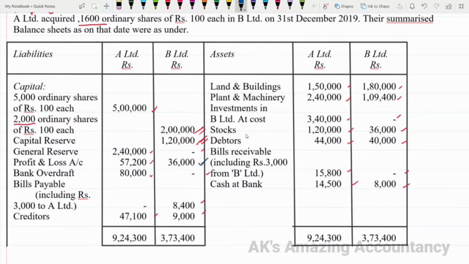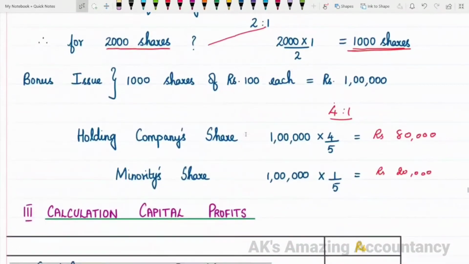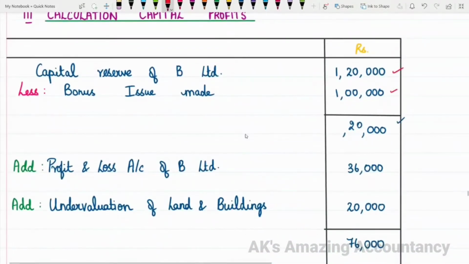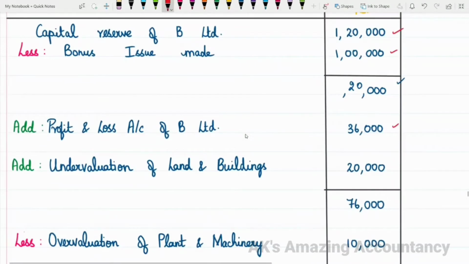So that 36,000 we have to consider now, which will be a part of the capital profit. So write profit and loss account 36,000. Then as per the problem, we have some information relating to undervaluation and overvaluation of assets.